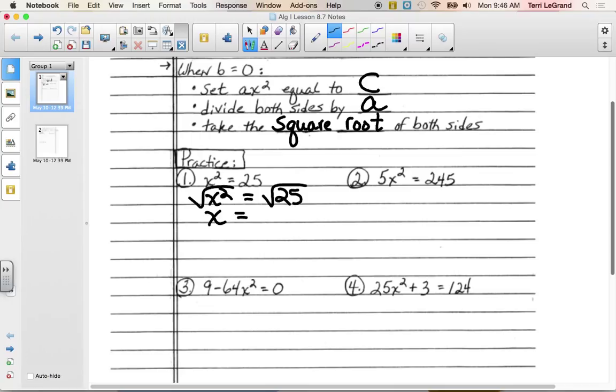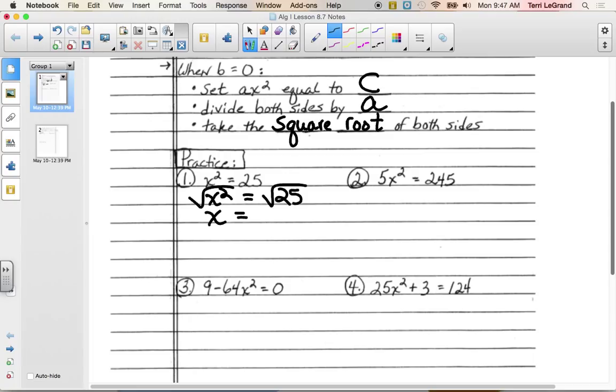And let's go back a little ways in our memory bank, our skill bank, and let's remember what's always true when you take the square root of a number. Does it only have one square root? In other words, is there only one real number that gives you 25 when you multiply it by itself? Is 5 times 5 the only way to get to 25?